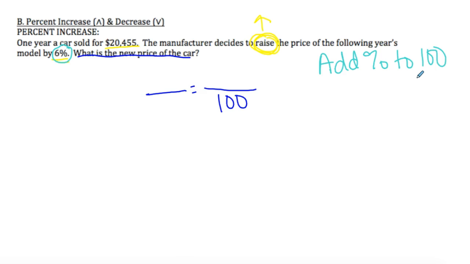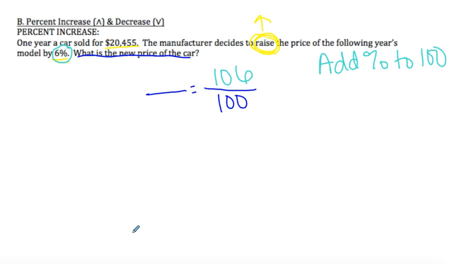If I keep 100% of the money I currently have, it means I didn't make or spend a single dollar. Okay, I didn't waste any money, but I also didn't bring in any money. So now I have 6% more. That means I'm going to keep my 100% and add 6% on top of that. So my percentage is 106.